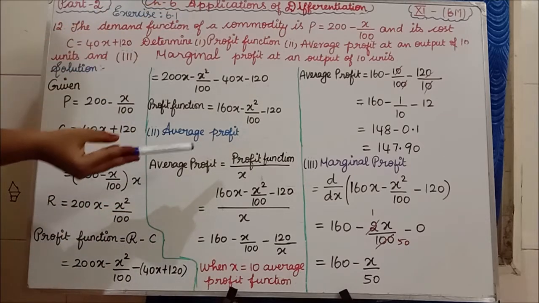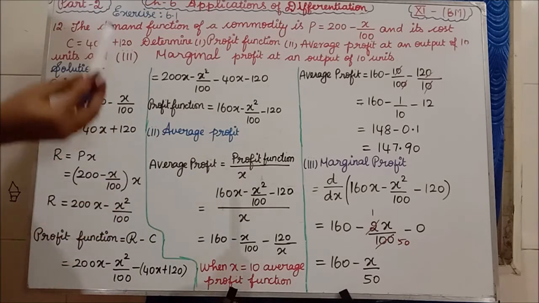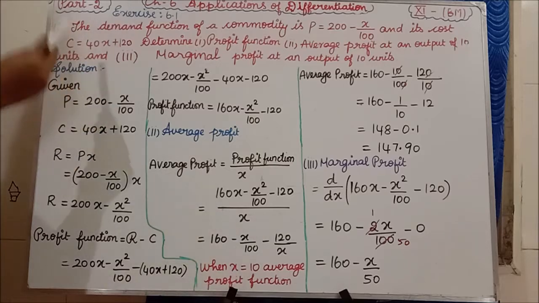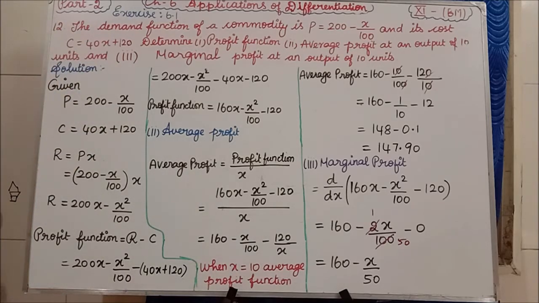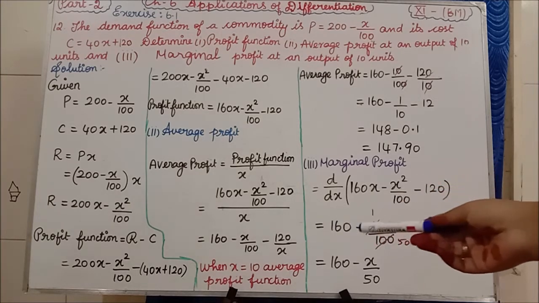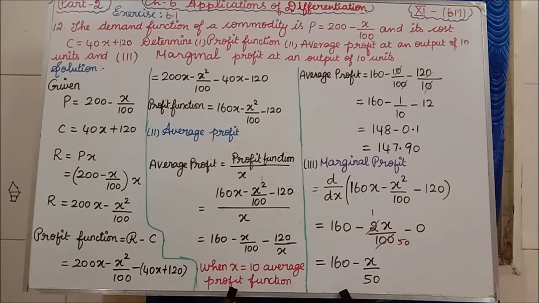Now in the question, average profit at an output of 10 units. Output means x, as I told you from the part 1 video. So they have given x is equal to 10. We are going to substitute now. When x equal to 10, we are going to find the average profit.